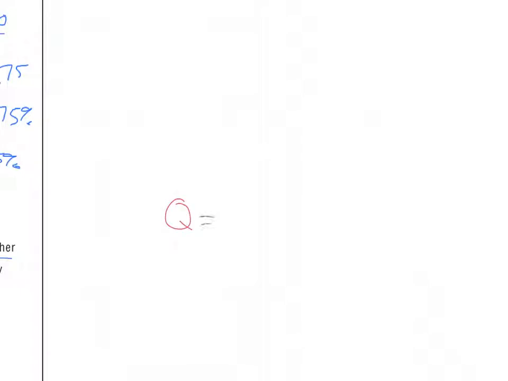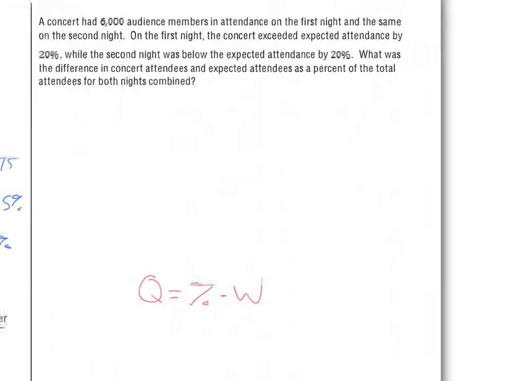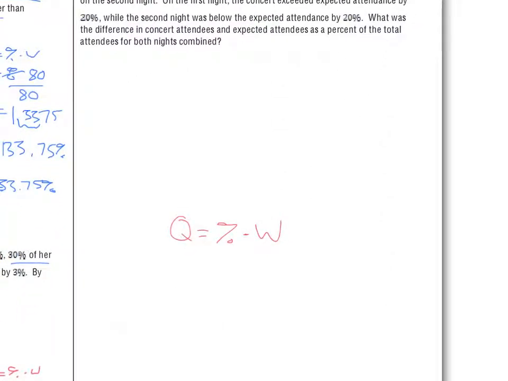Q is equal to percent times whole. This is our whole, percent of total attendees. So this is our total attended, which we can actually already find because we know there were 6,000 each night. So this is going to be 6,000.